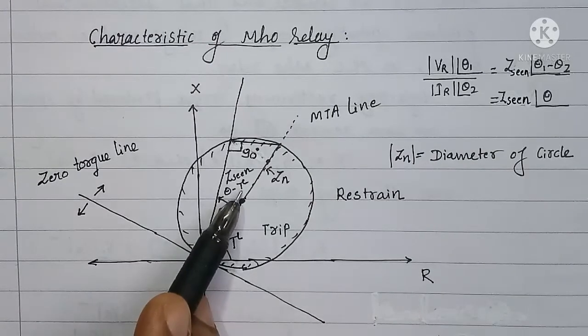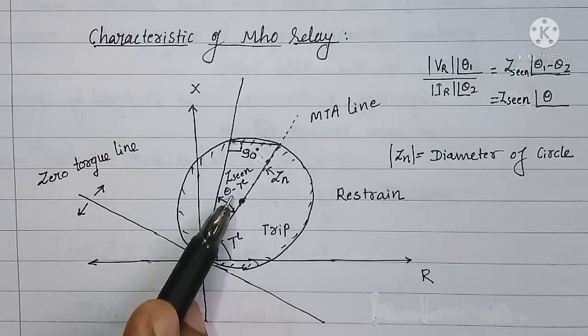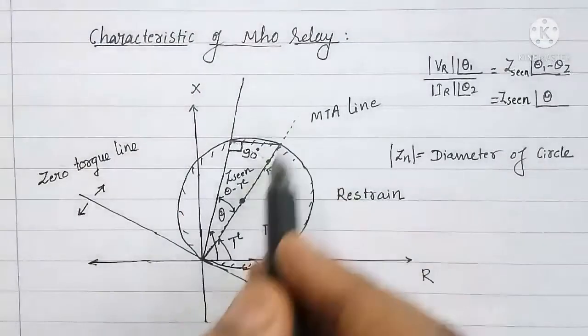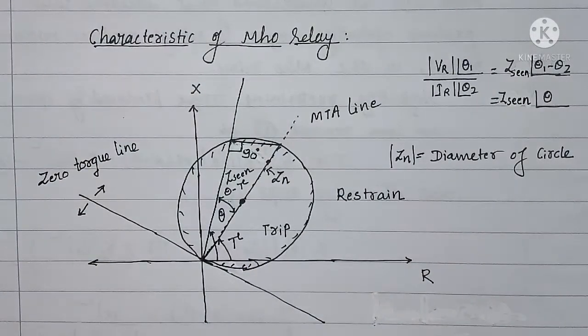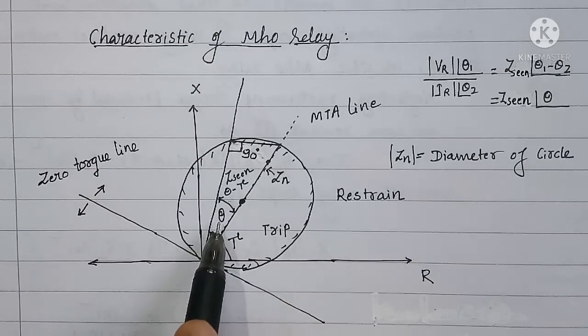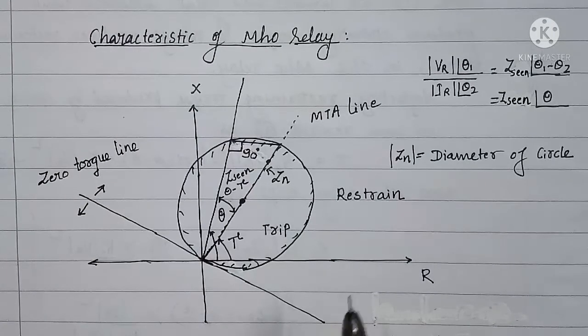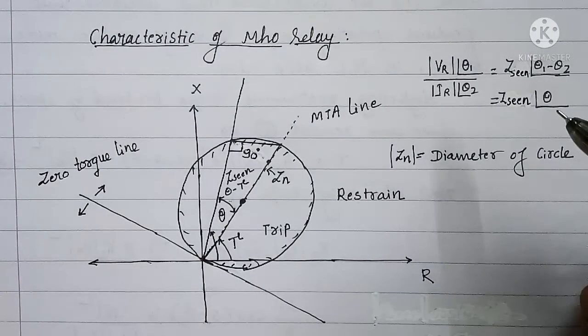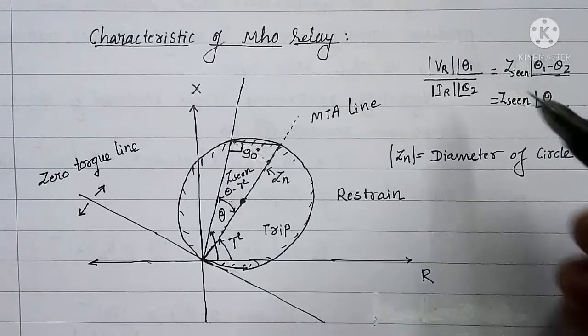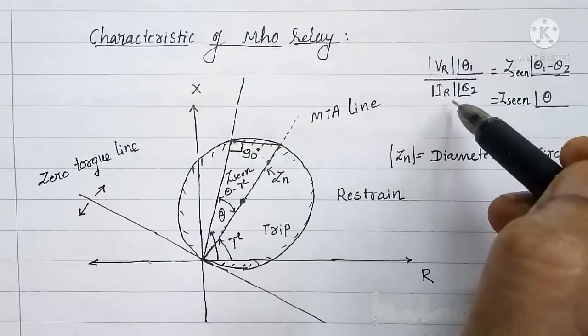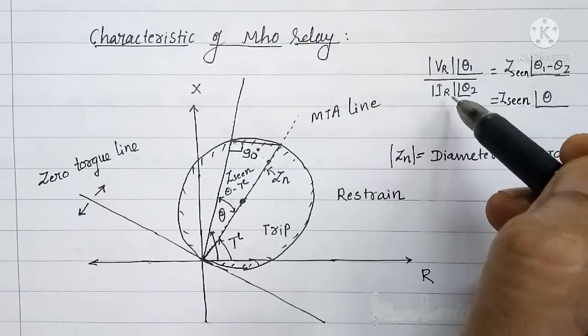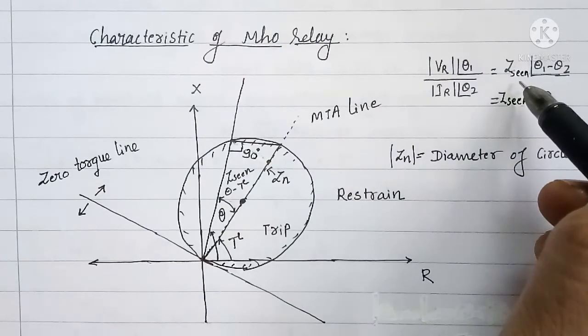So now theta minus tau is the angle between Z seen line and MTA line, and this theta is nothing but the angle of Z seen, and is equal to the phase difference between voltage fed to the relay and current fed to the relay, because VR upon IR will give me Z seen.